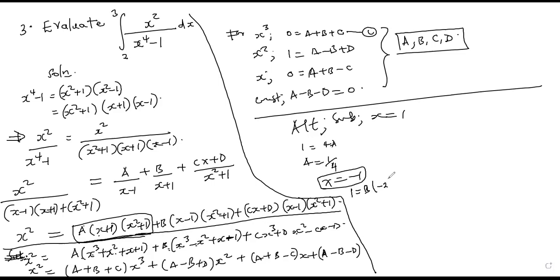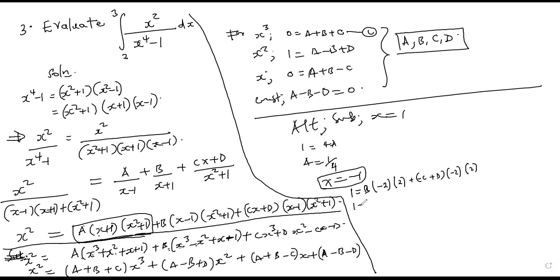Because it will be negative 1 minus 1, which is negative 2, then into 1 plus 1, that is 2, into 2, then plus negative c plus d into, this is negative 1 minus 1, negative 2 into 1 plus 1, which is 2.